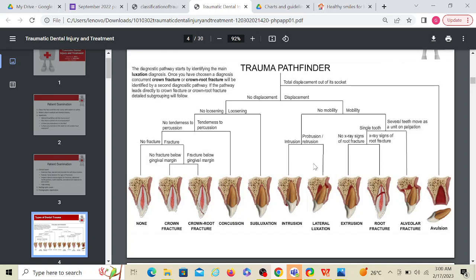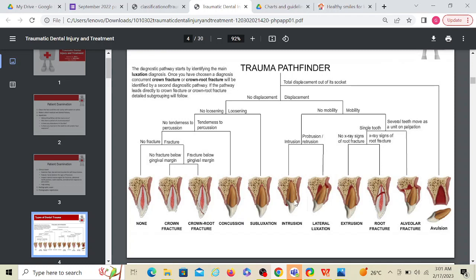You can't see the root, but based on the position of the crown, you can make out the root is here. It is not disturbing the permanent tooth part. So you can leave it as it is and the tooth would re-erupt. And I have seen such intrusion cases, the tooth re-erupting very nicely and then falling out and the new tooth also coming very nicely.